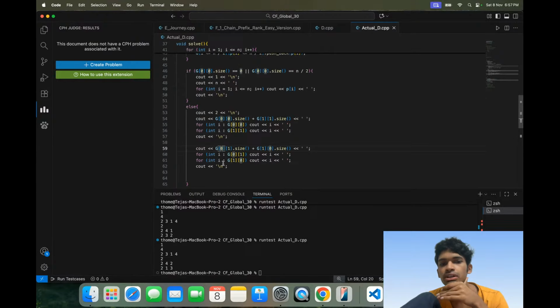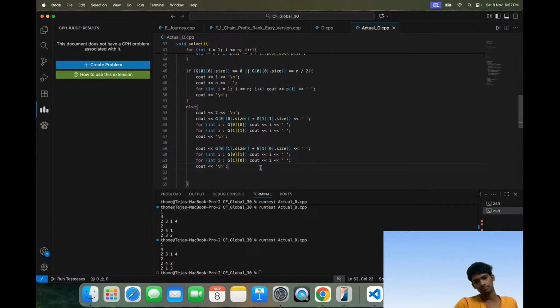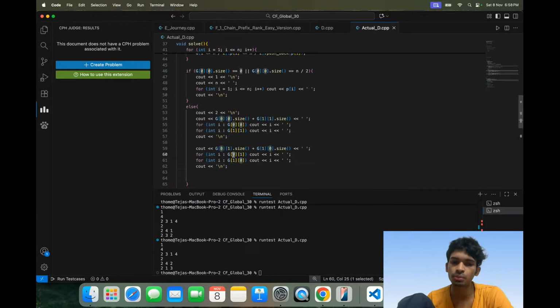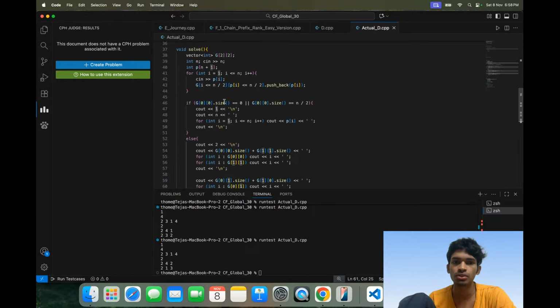Okay, I have to be careful here. We are always removing, outputting 0 things first, right? And 0 things will have i less than or equals to n by 2 first.